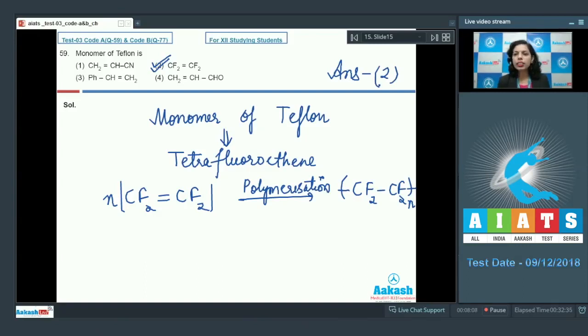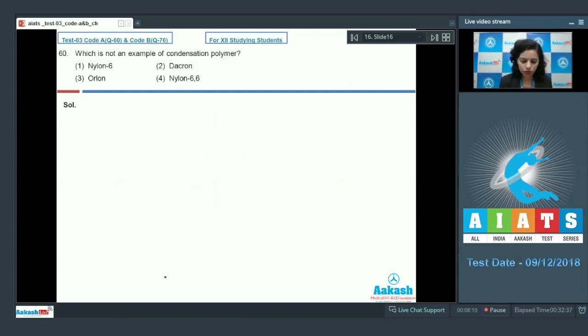Now, after this, here's the turn for the next question. Question number 60. Which is not an example of condensation polymer? If we talk about the given options, we have nylon 6, Dacron, Orlon and nylon 66. We should know that condensation polymers are those polymers which are formed by condensation polymerization, and during that process always a small molecule like water or ammonia is released.